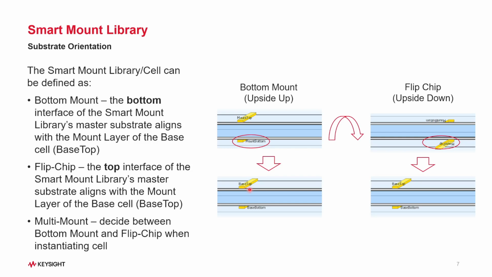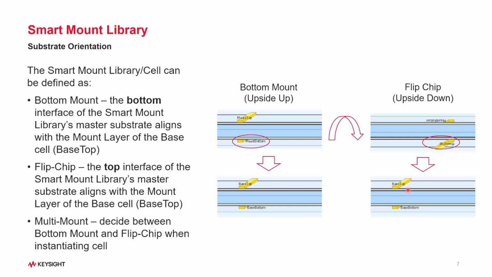connected to. The other option is flip chip. In this case, the Smart Mount cell is flipped, and the interface where the mount top layer is connected gets in contact with the interface where the base top layer from the base cell is attached.